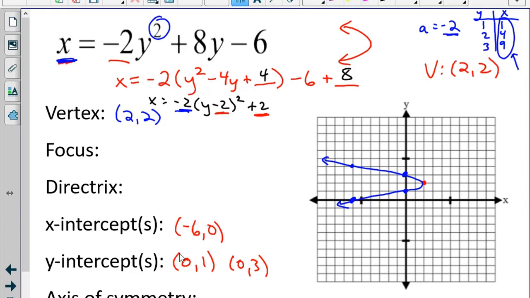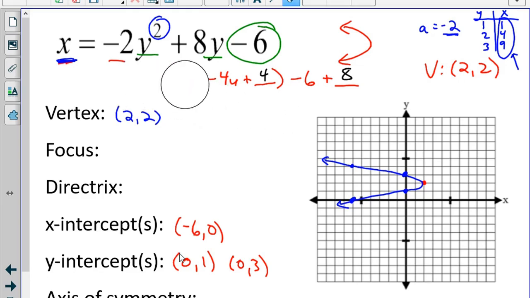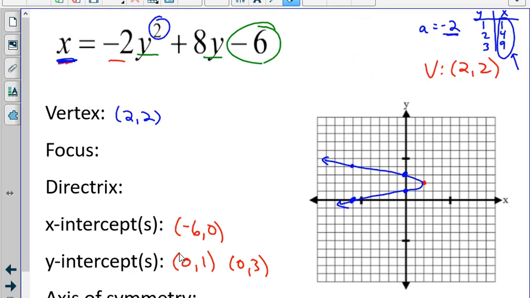For example, the x-intercept is definitely going to be -6 because I knew that just from the original problem. If I substituted 0 in for y, I'm going to get -6 for x. I also could have factored the problem. So instead of completing the square, I could have factored the problem, and notice that -2 is the greatest common factor.